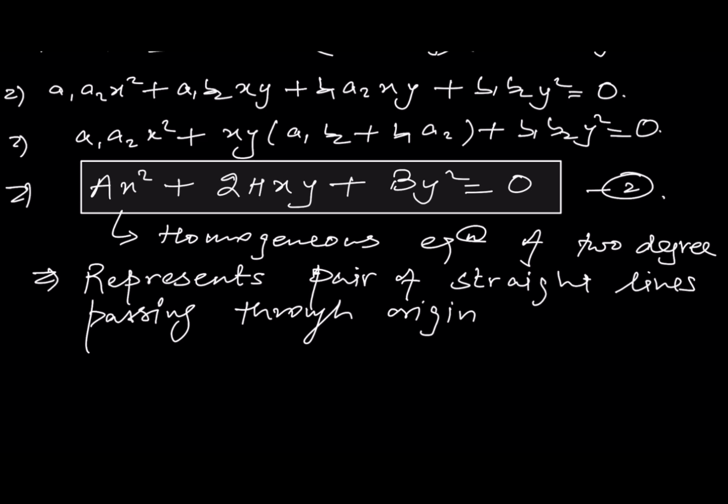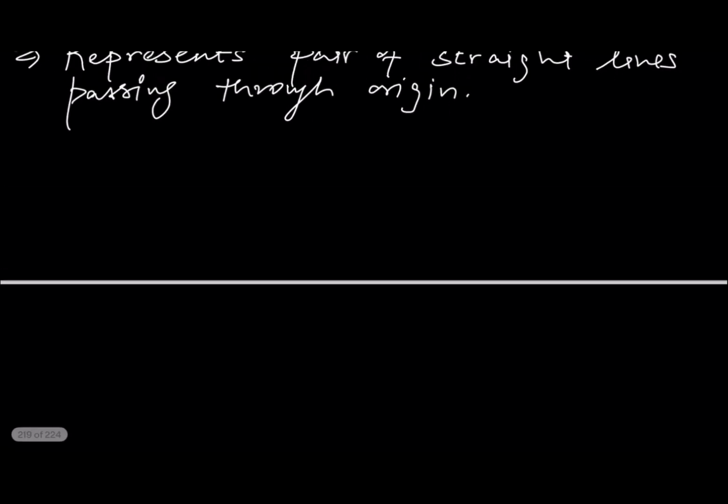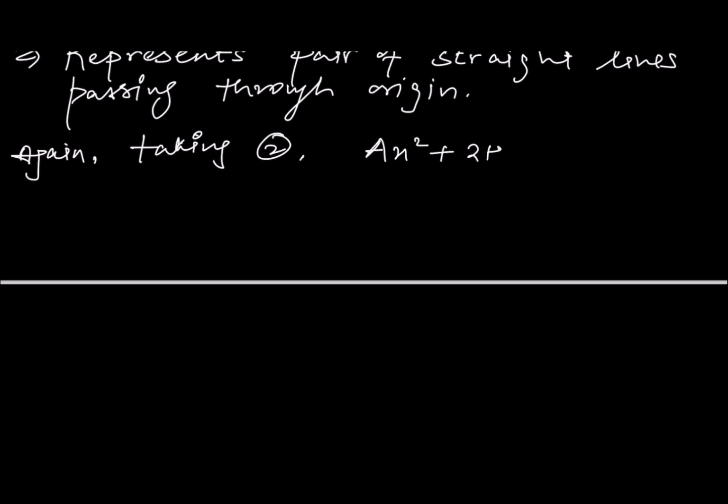Right? Okay, now again taking equation 2, that is ax square plus 2hxy plus by square is equal to 0.